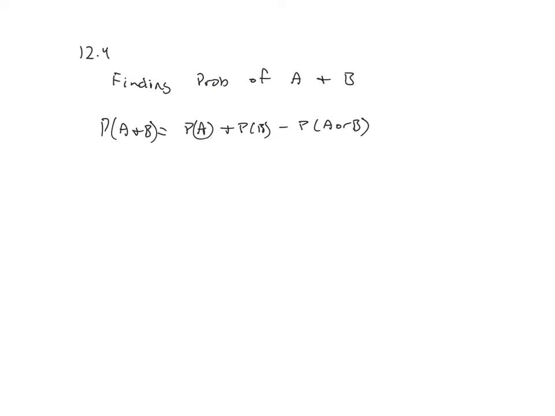So the situation, and this is example 3 in the book, is we have 200 students. And of those, 113 are varsity athletes or on honor roll.